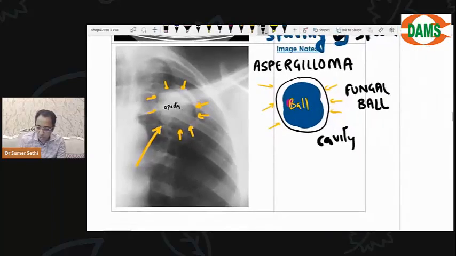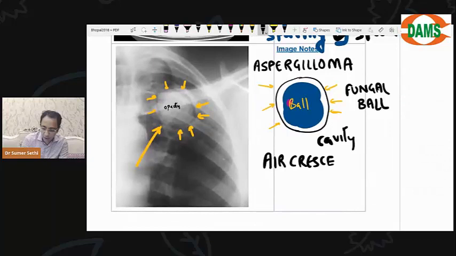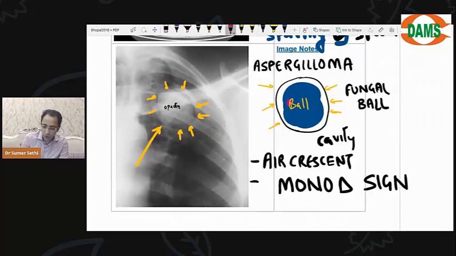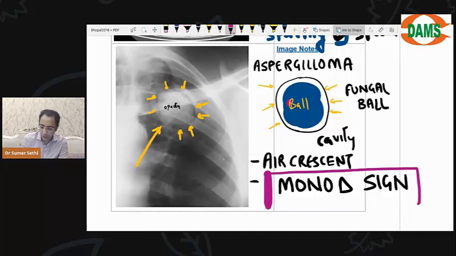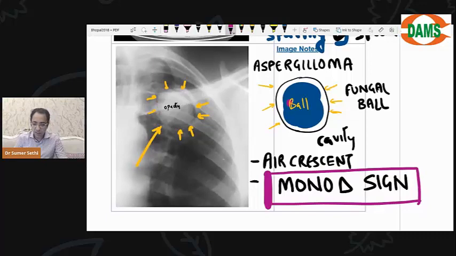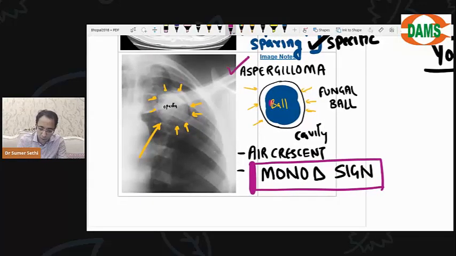This appearance has been called the air crescent sign, or it is labeled the Monod sign, which is, if I have both in the choices, the better answer to mark here is Monod sign. So in your exam, they will simply say Monod sign on a chest X-ray seen in. The answer is aspergilloma. Aspergilloma.